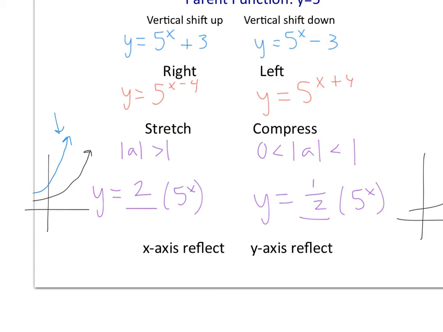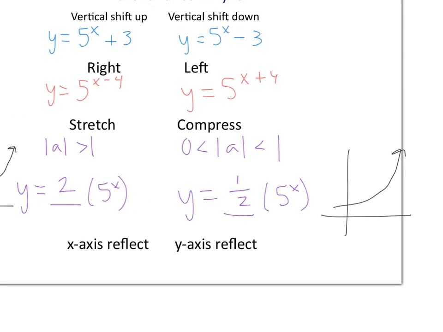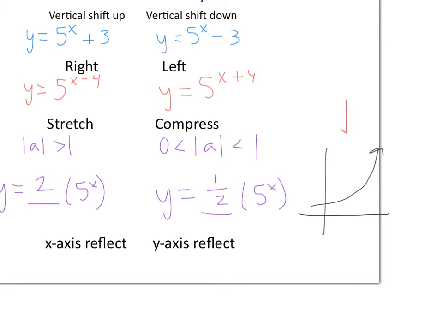Can't really tell it's thinner here because we don't have a parabola to look at, but the slope definitely jumps up quicker. Same thing here with the compress. Okay, if I have a graph right here and that's y equals 5 to the x, a compress means that our graph would have a slower or wider slope, wouldn't be quite as steep as that parent function. It would still look like the same shape, but would just be wider.